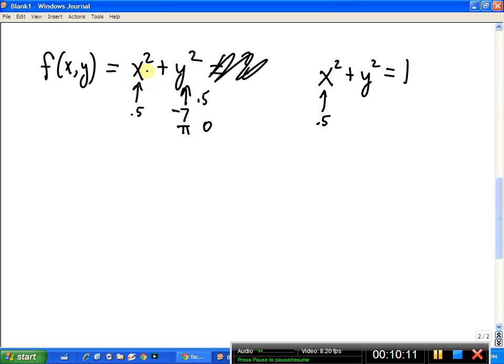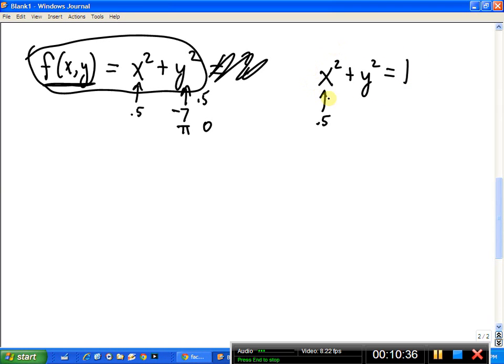You could plug anything at all in for y here, and x squared plus y squared makes sense no matter what you do for x and no matter what you do for y, independent of one another. So these two are independent variables in this situation, where you don't have x squared plus y squared equal to something. It's defining here a function of two variables. Here, you have x squared plus y squared set equal to something.